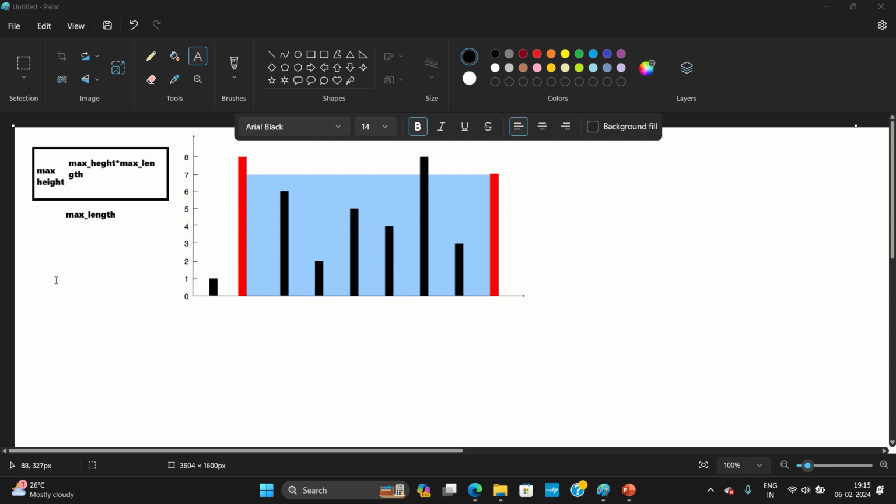Similarly, in case of area, we will be trying to get the ideal area, that is the maximum area, and as we can't compare the bases, we will take two pointers in such a way that we take the highest base possible initially. The first one is pointing at the first index, that is the 0th index, and the second pointer will be pointing at the last index initially. Fine.